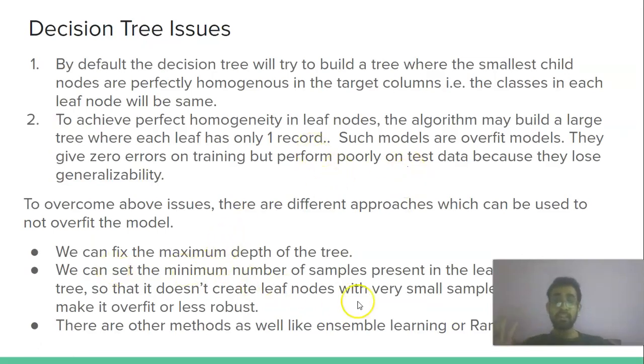Second is we can set the minimum number of samples present in a leaf node. In a leaf node, generally it tries to split to make it homogeneous. So we can make it such that in a leaf node I should have at least this number of labels, so that it doesn't have only a single record in the leaf node, which would make it overfit.